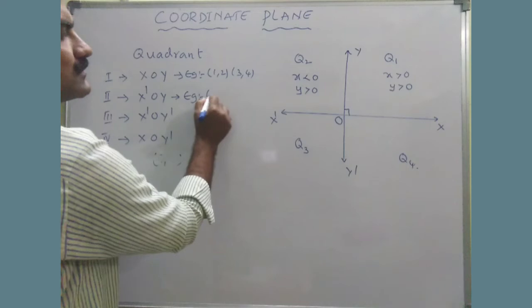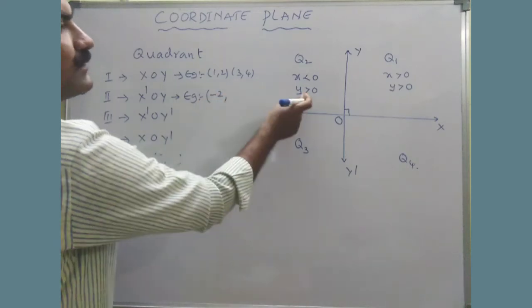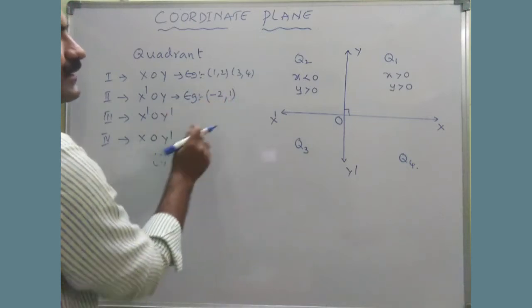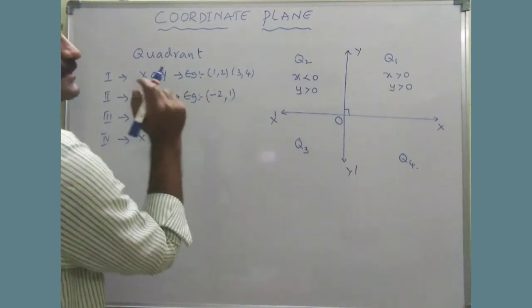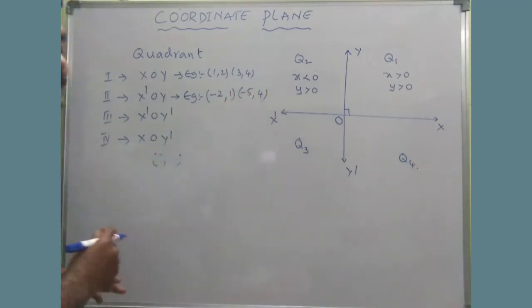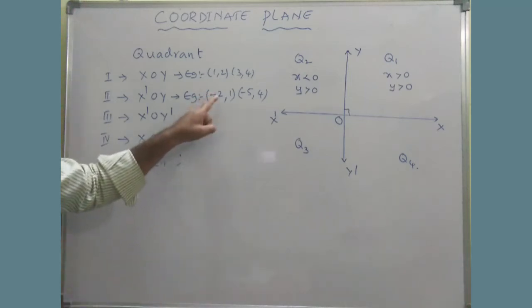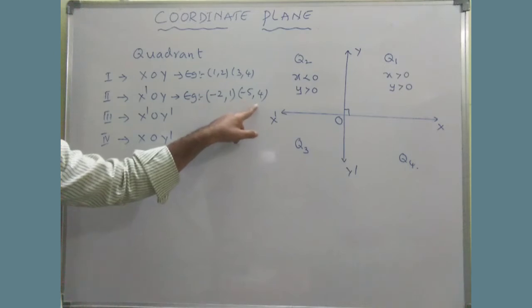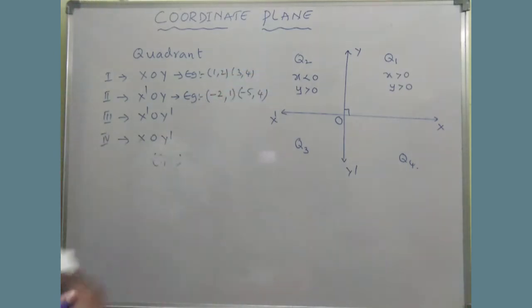X is negative, say -2, and y is positive, suppose 1: (-2, 1). X negative, y positive. And one more, (-5, 4). So every ordered pair with x coordinate negative and y coordinate positive lies in the second quadrant.